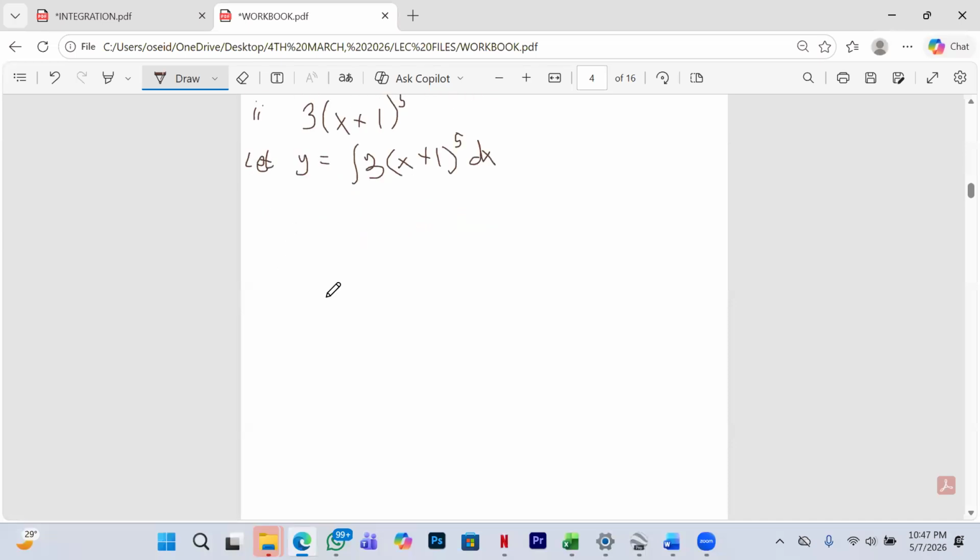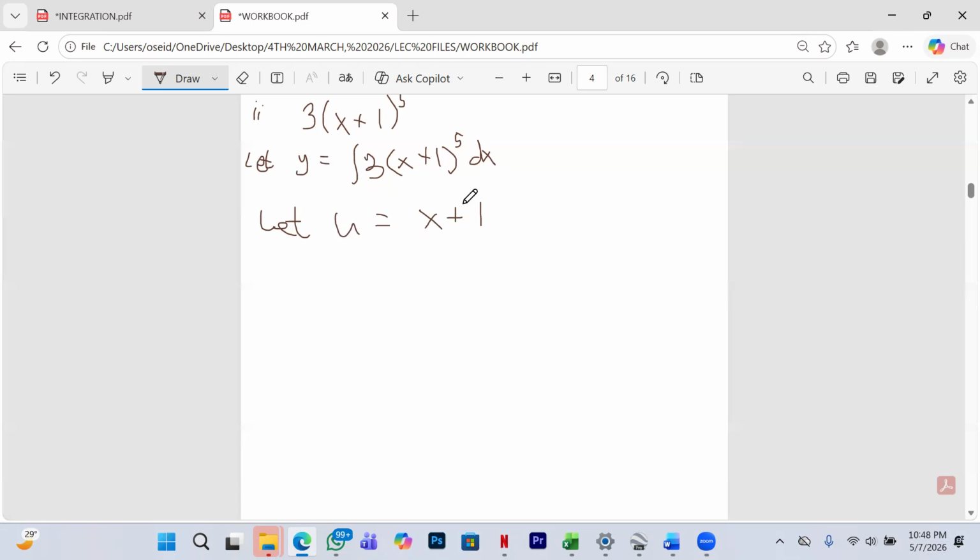So over here, because this term is a composite term, we say let u equal x plus 1. So we differentiate this.